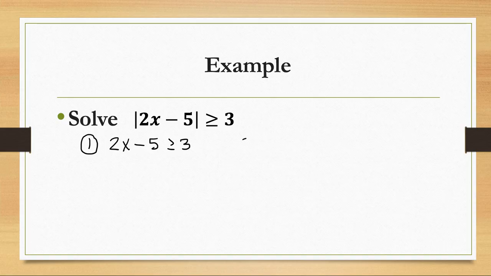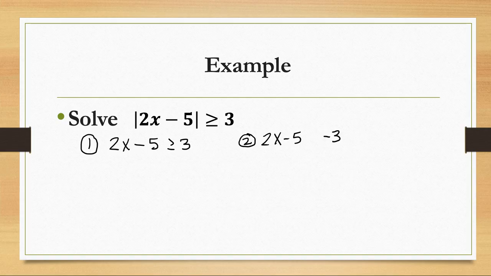For the second inequality, and this mimics what we did on the equations with the absolute values. As you recall, we set up one equation where it was equal to the positive number, and then we set up a second equation where it was equal to the negative. We're going to do that same thing here. So our second inequality is going to have 2x minus 5. And instead of a positive 3, we're going to introduce a negative 3.